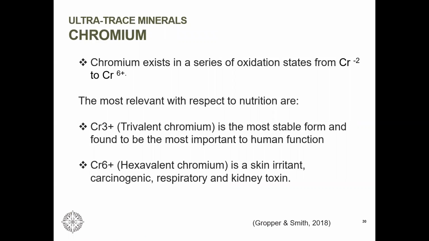So some experiments were done in the yeast, and the researchers thought that the yeast is helping the glucose metabolism. So that's how they started, and then they found that brewer's yeast had a lot of chromium in it. So its discovery started from there.